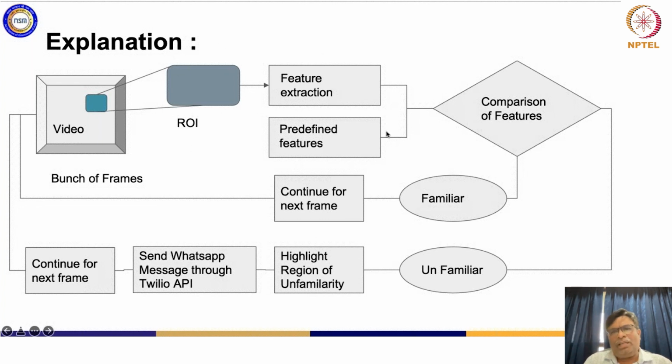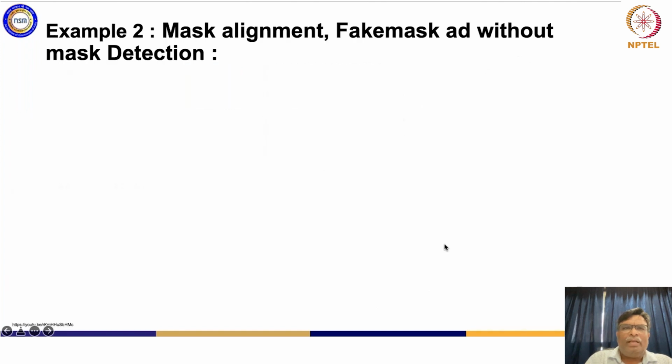You do feature extraction. Then you have predefined features. Then you compare, and if they are familiar, then you go on iterating. If they are unfamiliar, then it has to be detected, and then you can send a WhatsApp message or something, right, and continue to the next frame. So this is how basically the thing is.